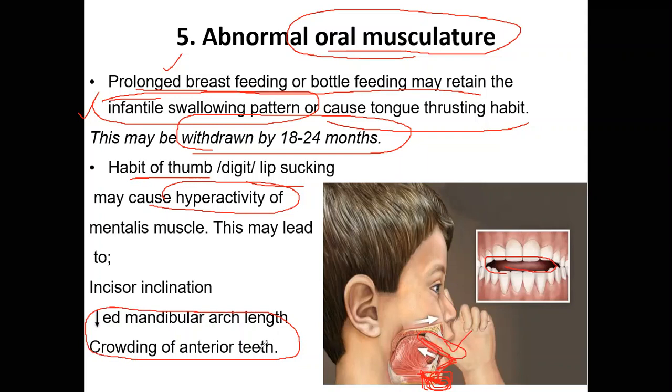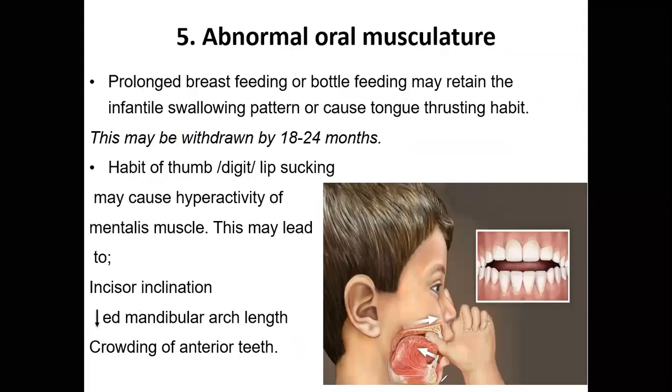Why will anterior teeth be crowded? Because this mentalis muscle, which is hyperactive over here, will apply a pressure over the jaw, and that will not allow the mandibular arch to grow properly. This decreased mandibular arch growth will lead to crowding.